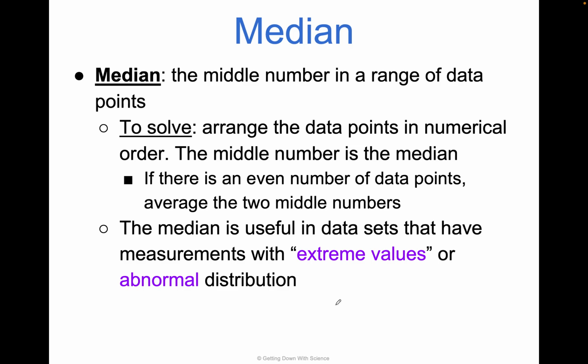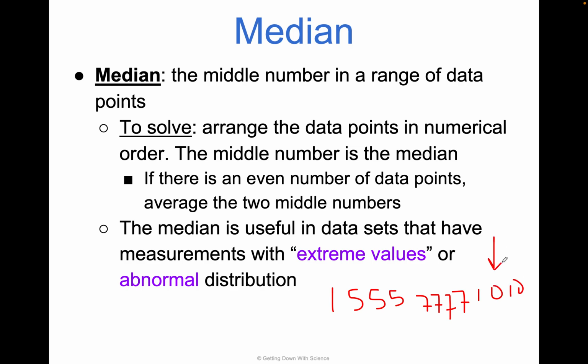Let's say we took the full set of exam scores out of 10. So one person got a 1, a bunch of people got 5s, a bunch of other people got 7s, 3, 4, and a few people got 10s.